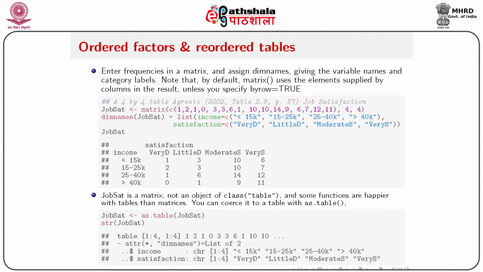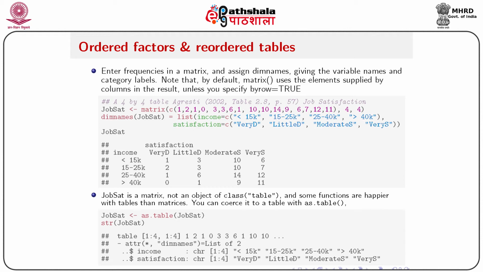Income equals less than 15k, 15 to 25k, 25 to 40k, and greater than 40k. Whereas in the column names, satisfaction equals VD, LD, MS, and VS. So this way we can assign the satisfaction levels.